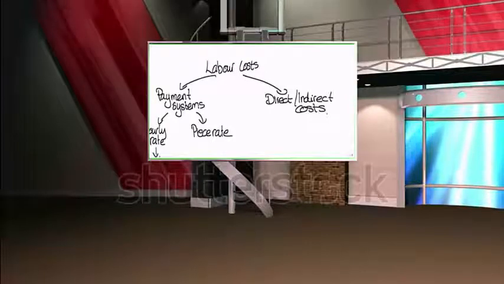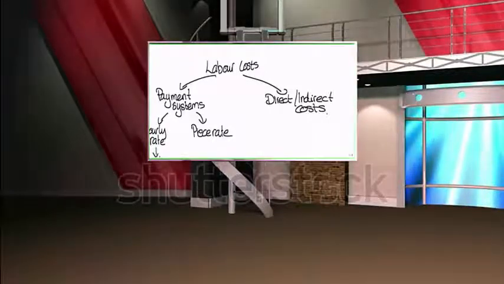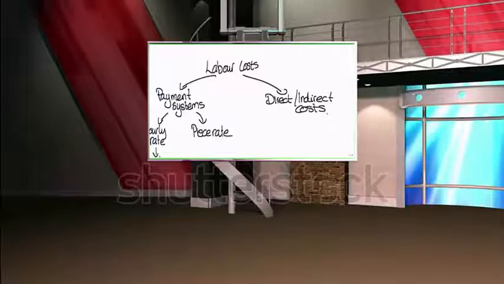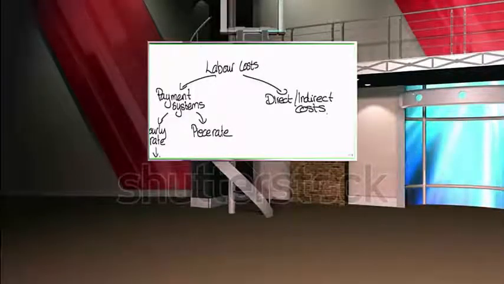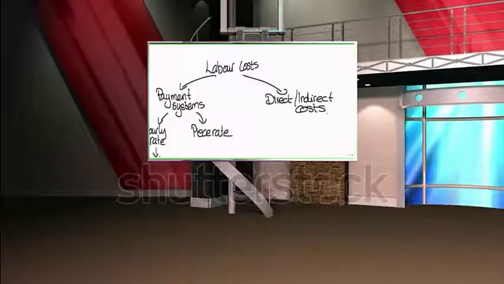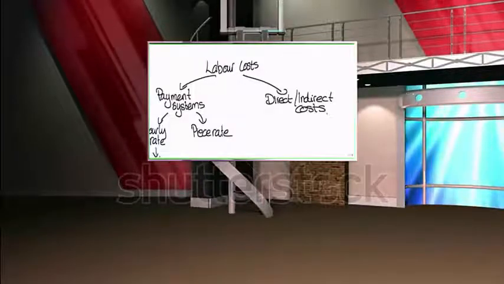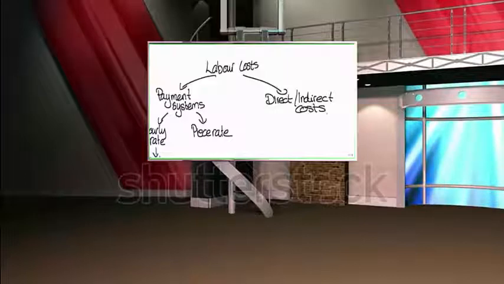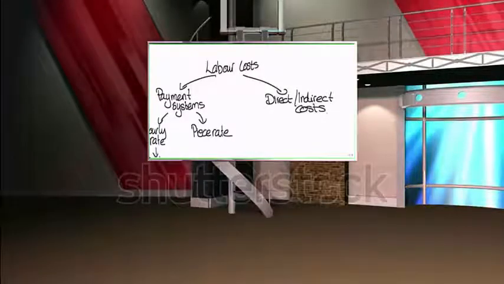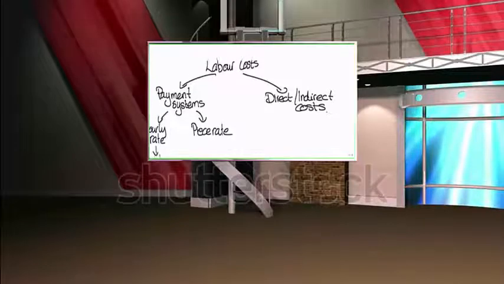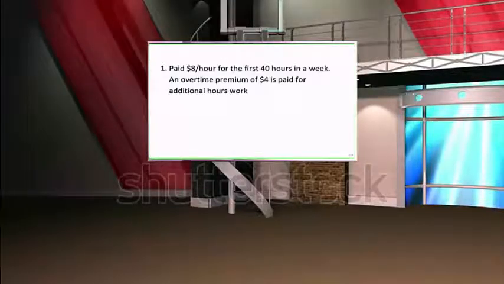So for the rest of this session then, we're going to consider payment systems. And what we're going to do next is have a look at these different payment systems that might apply and how that cost behaviour would appear on a graph. So let's have a look at our first example of a payment system.